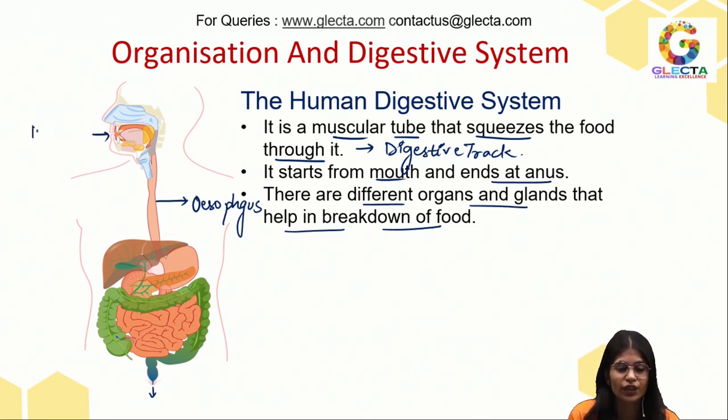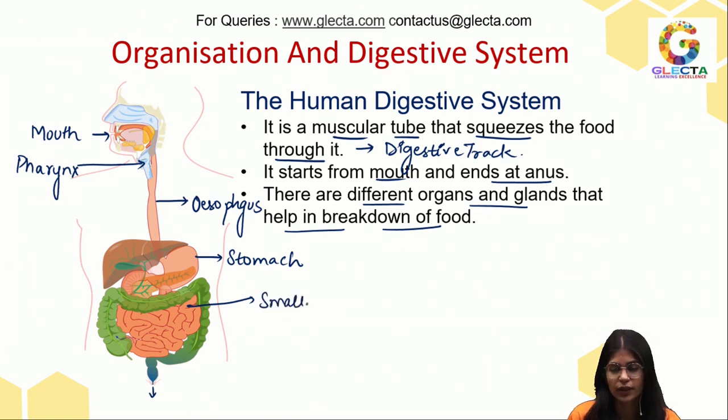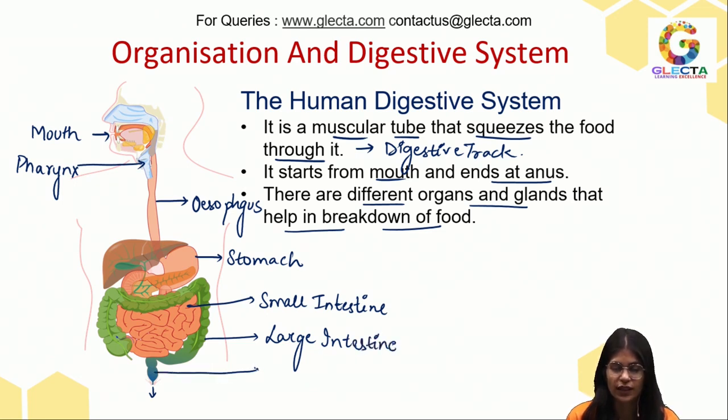So the first opening of the digestive system is the mouth. Then the blue one that you see is the pharynx, then there's the esophagus, then this is known as the stomach, then this one is the small intestine, then the green one is the large intestine, then the blue one that you see is the rectum, and the opening of the rectum is known as the anus. These are the parts that are present in the tube, which is your digestive tract.